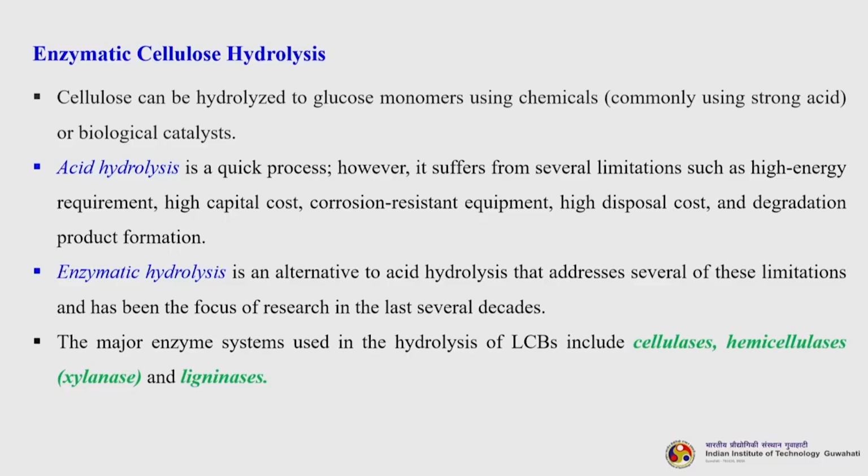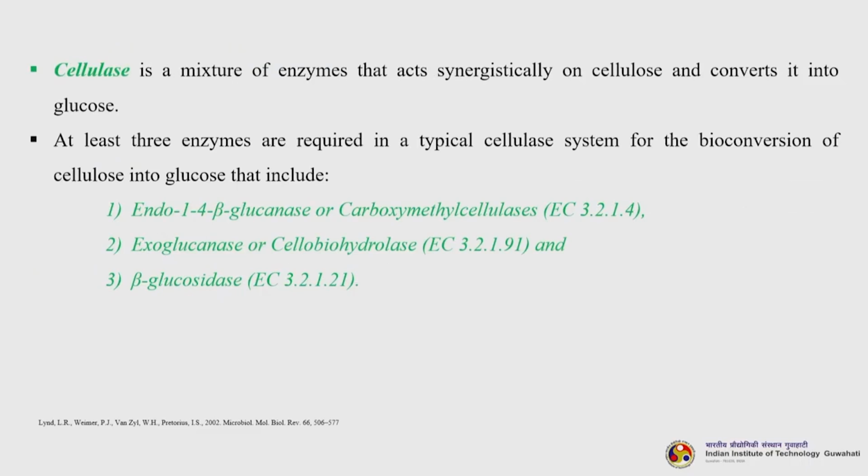The major enzyme systems used in the hydrolysis of lignocellulosic biomass include cellulases, hemicellulases, for example xylanase, and ligninases, the enzymes that degrade lignin. Cellulase is a mixture of enzymes, basically a cocktail, that acts synergistically on cellulose and converts it into glucose.